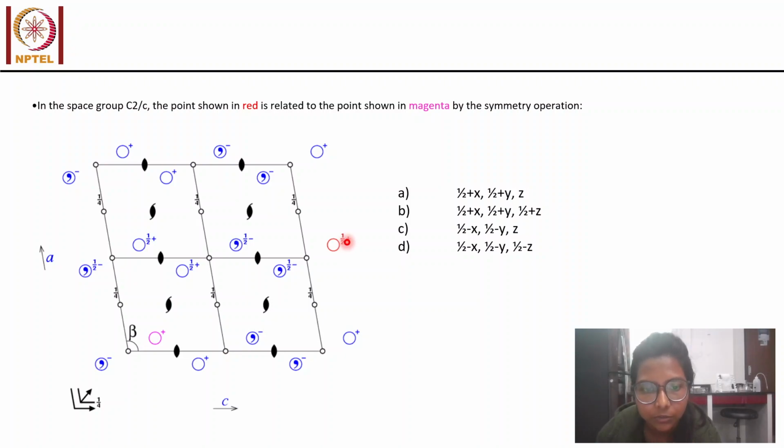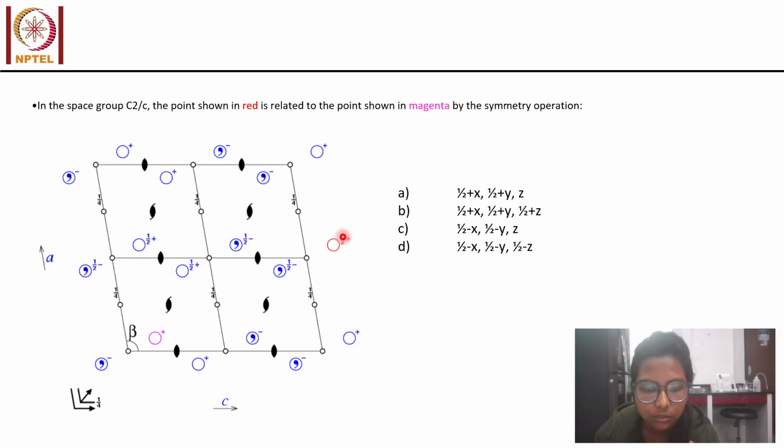So why are we writing all these things? Because we are trying to project a space group which is in 3 dimensions onto a paper or a screen which is in 2 dimensions. So that is why we use some conventions to understand that this is half above the plane of this computer screen.